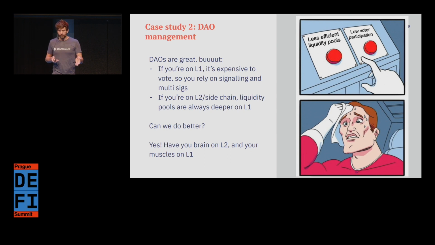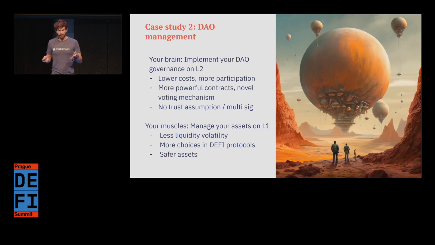So what you can do in that case is basically have a set of smart contracts on L2 where people vote, take decisions on capital allocation, and you count their votes and reach a decision.